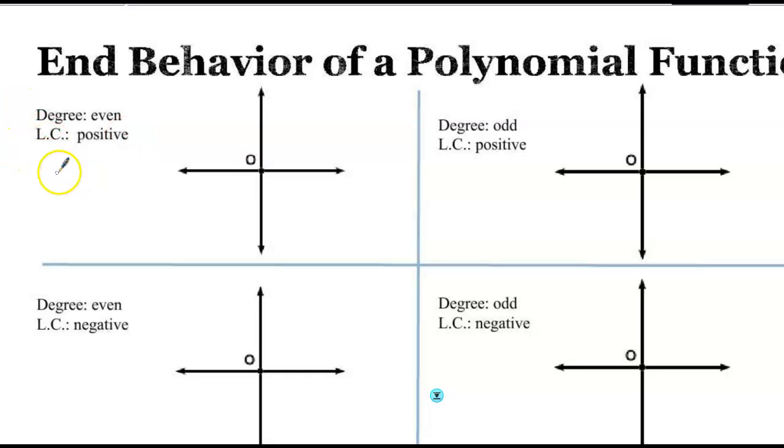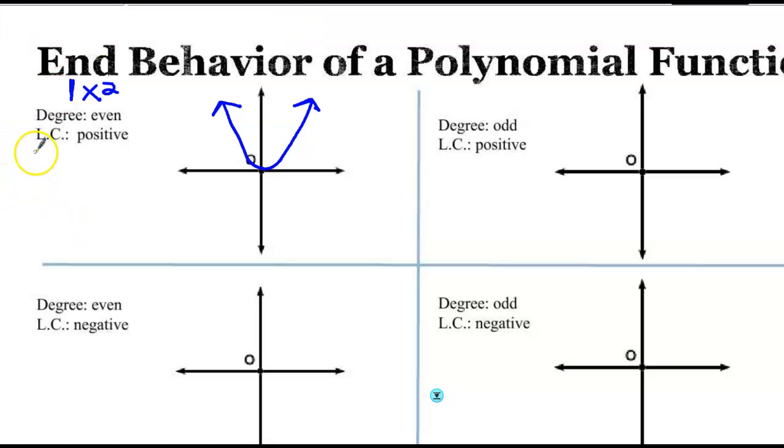So an even degree would be something like x squared. I always use that as my base reference. If the leading coefficient is positive, so for instance, positive 1x squared, then I get a nice quadratic that is going up on both ends. So both of these ends are facing up.